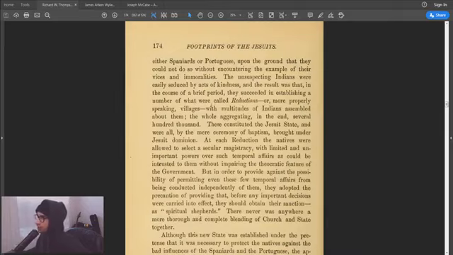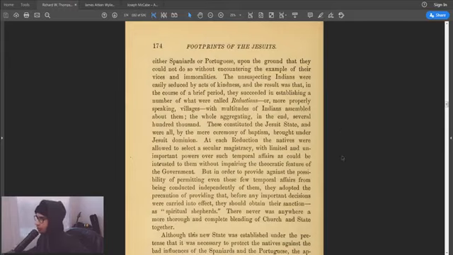The unsuspecting Indians were easily seduced by acts of kindness, and the result was that, in the course of a brief period, they succeeded in establishing a number of what were called reductions, or, more properly speaking, villages, with multitudes of Indians assembled about them, the whole aggregating in the end several 100,000. These constituted the Jesuit state and were all, by the mere ceremony of baptism, brought under Jesuit dominion.